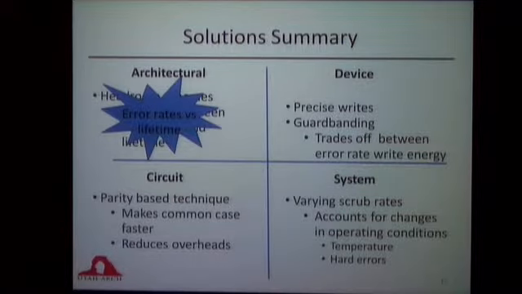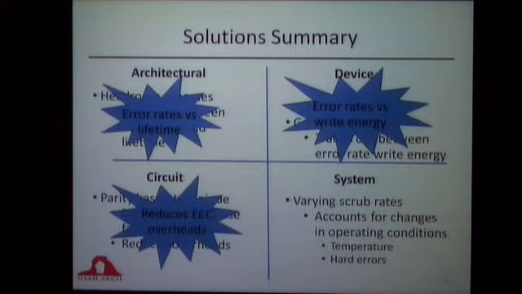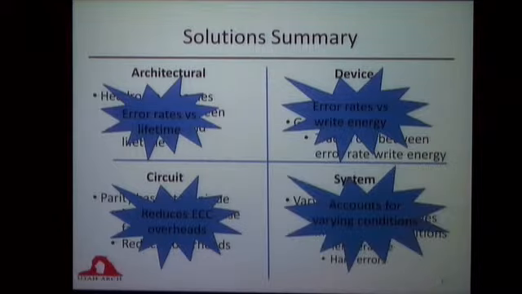At the device level, we proposed precise writes and guard banding, which trade off between error rate and write energy. At the circuit level, we have solutions which try to reduce the overheads of ECC with a parity-based scheme. And at the system level, we combine all of these into one big umbrella and account for varying operating conditions.